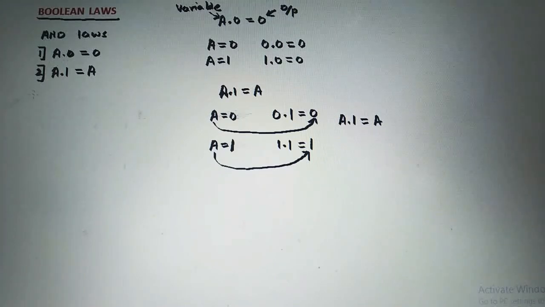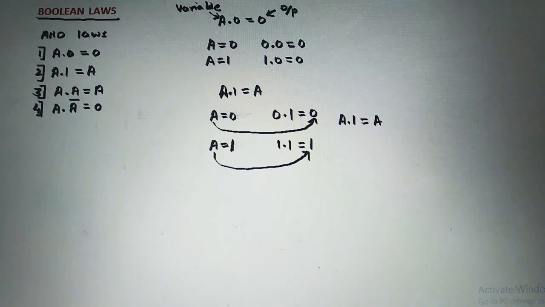Next we will see the third AND law: A dot A is equal to A. We are taking A as a variable here. The fourth AND law is A dot A bar, and A dot A bar is equal to 0.